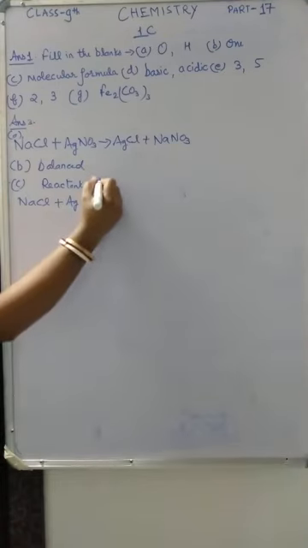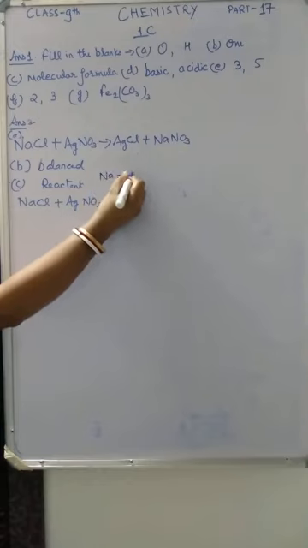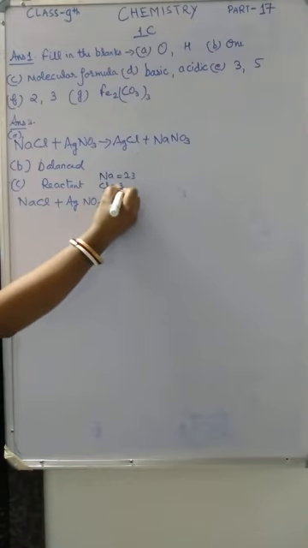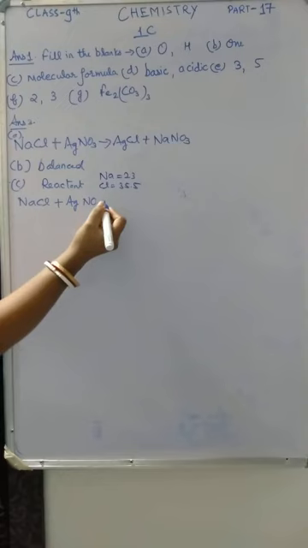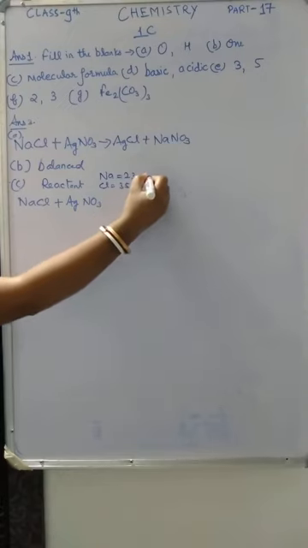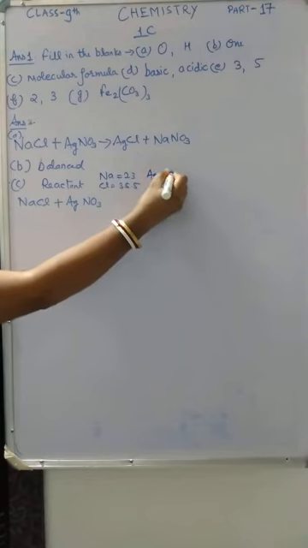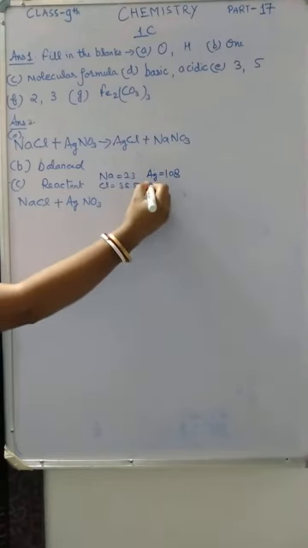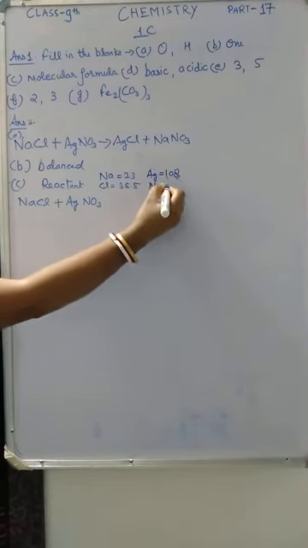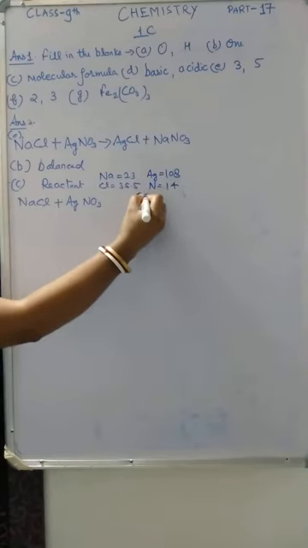Sodium atomic mass 23, chlorine 35.5, silver 108, nitrogen 14 and oxygen 16. These are the common elements' atomic masses, you should know them.